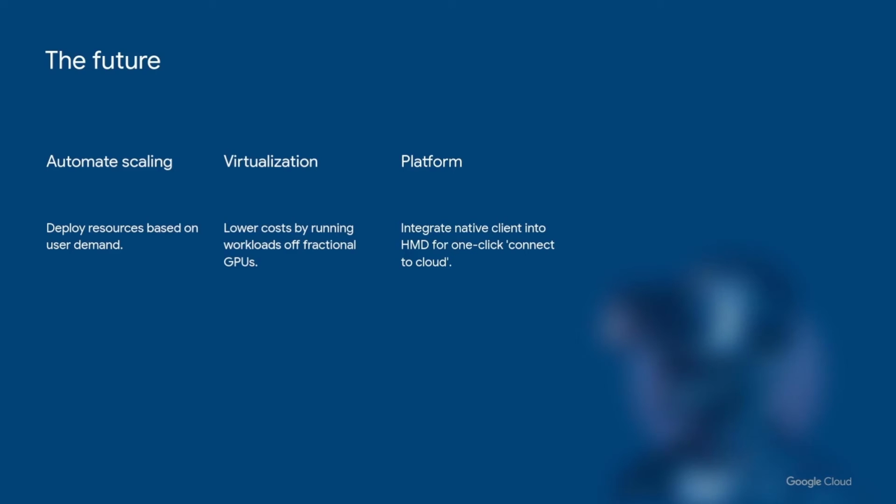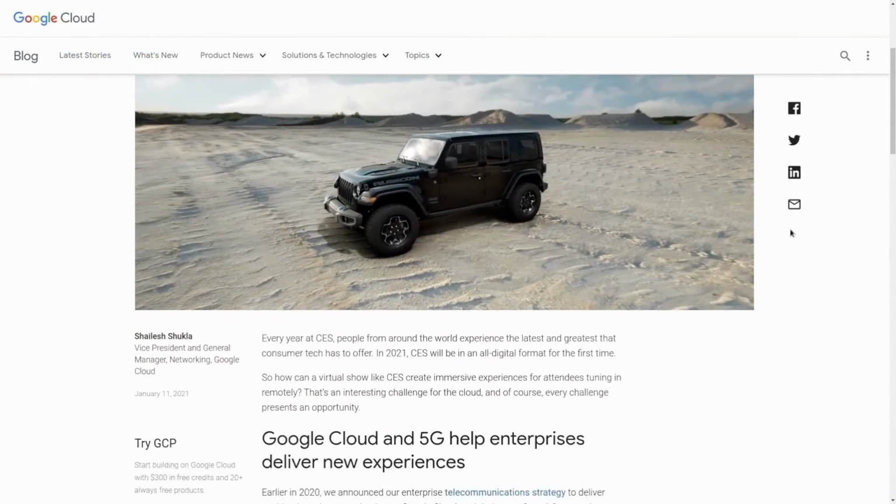So we need VR as a service or augmented reality as a service. And we're already starting to see this with some of the 2D AR workloads that are offered from Google, such as something released a couple of years ago, which allows you to see automotive content.